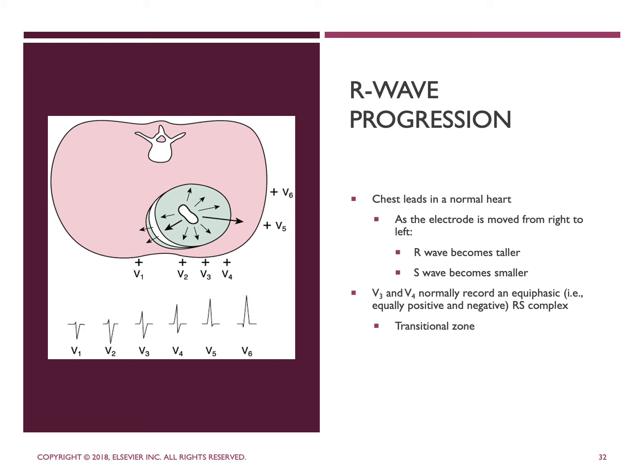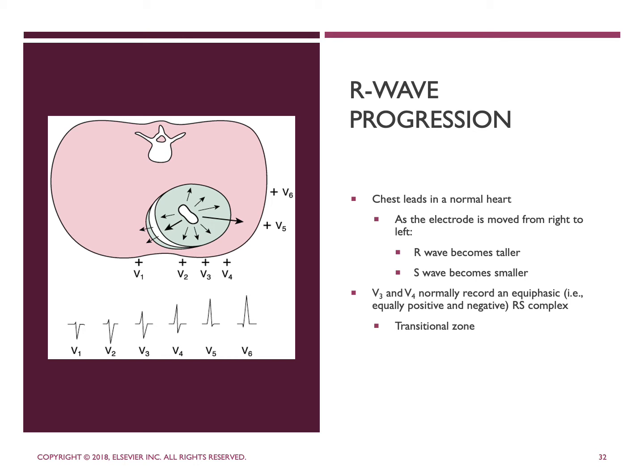As the chest electrode is placed farther left, the wave of depolarization is moving toward that positive electrode. The transition zone is the area at which the amplitude of the R wave begins to exceed the amplitude of the S wave. This is usually going to occur in the area of leads V3 and V4.